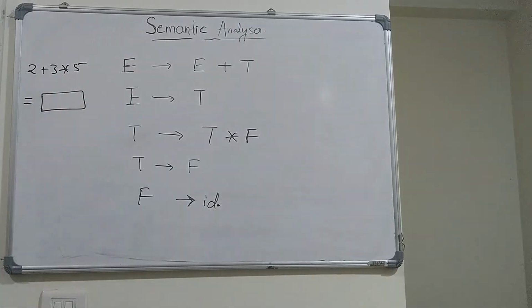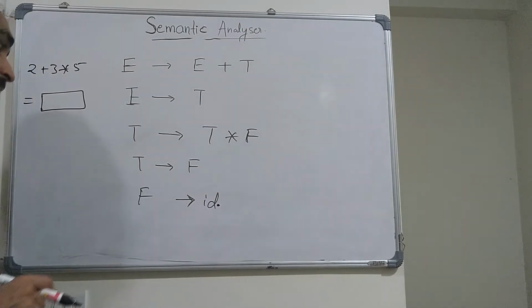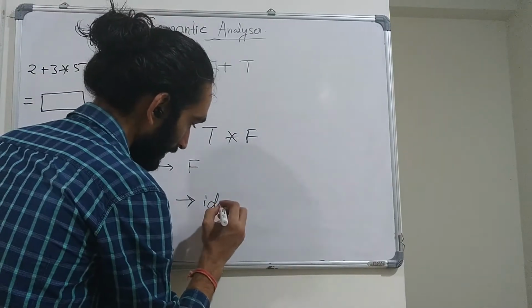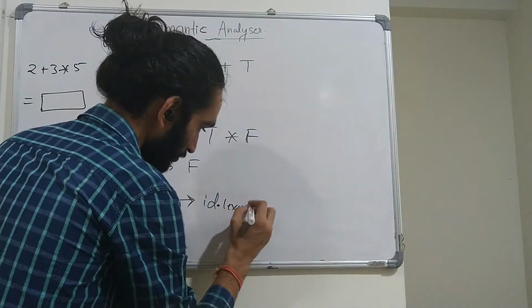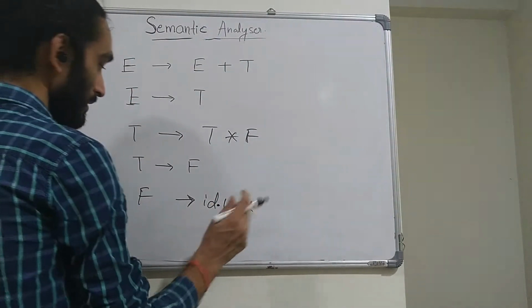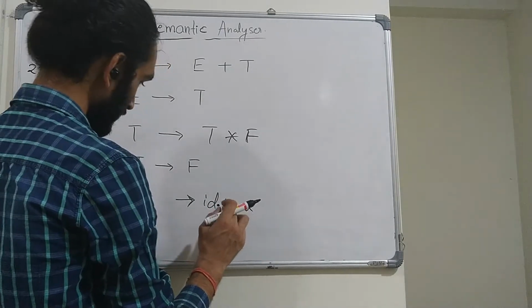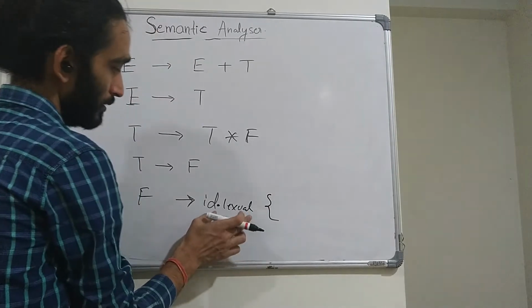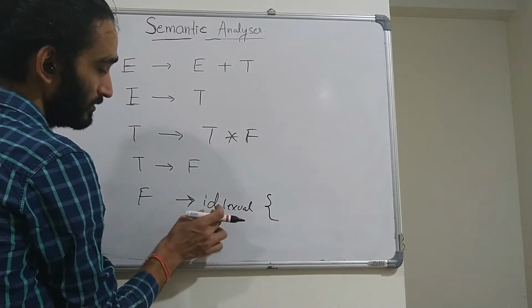So what I'm going to use is the attribute information, id.lexvalue. This returns the proper lex value of this identifier.